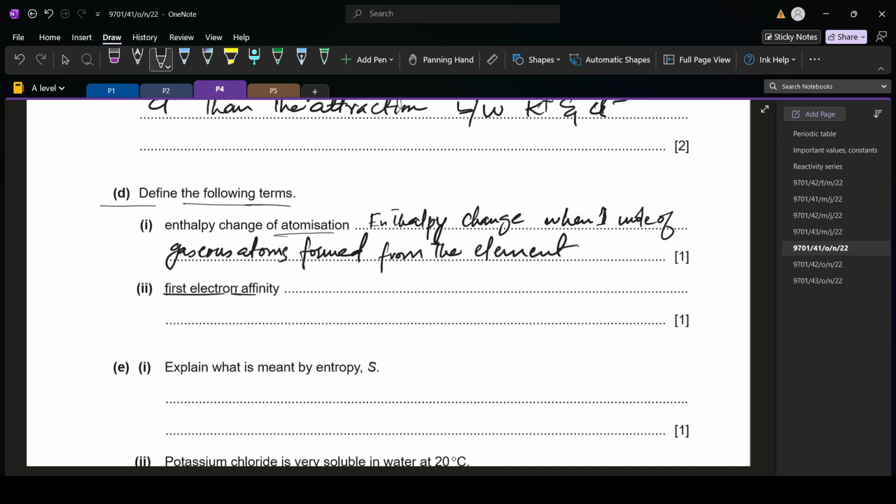Now the first electron affinity. It is the enthalpy change when one mole of gaseous atoms gains one mole of electrons.